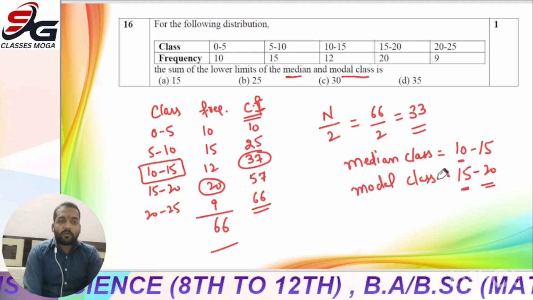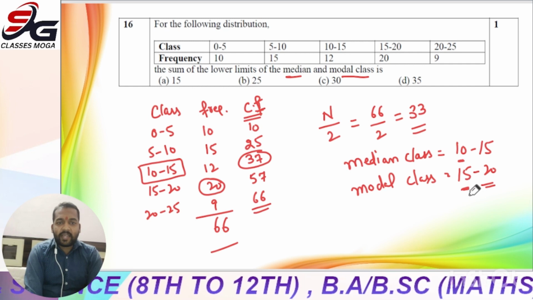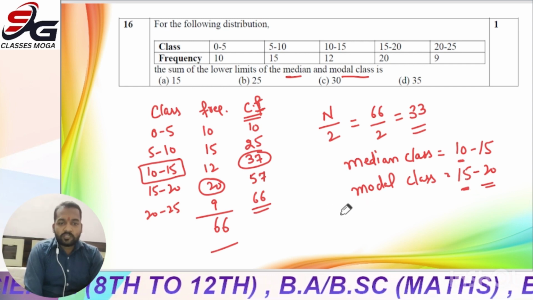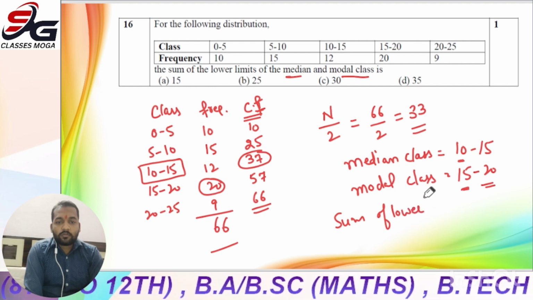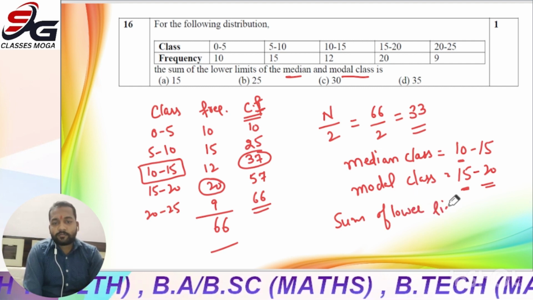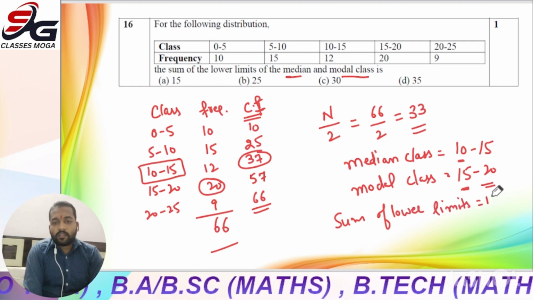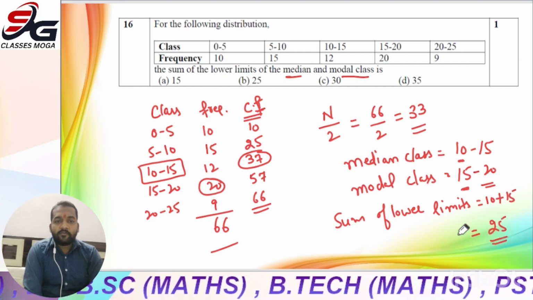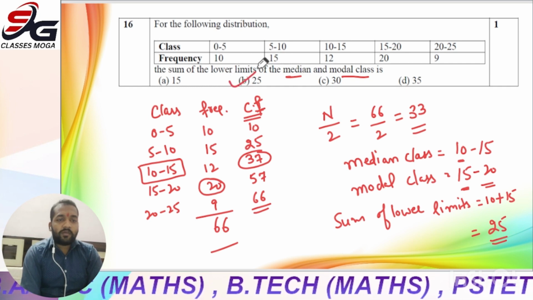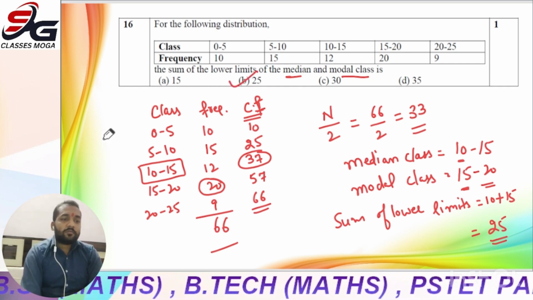So we just have to do 10 plus 15. So what is the answer? 25. So again B option is the correct option.